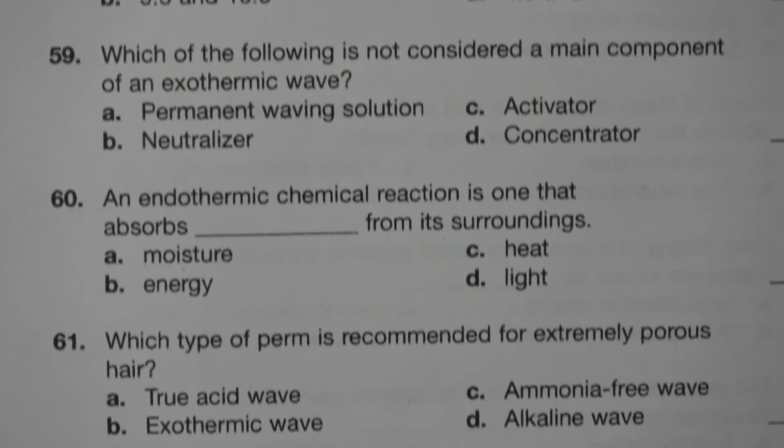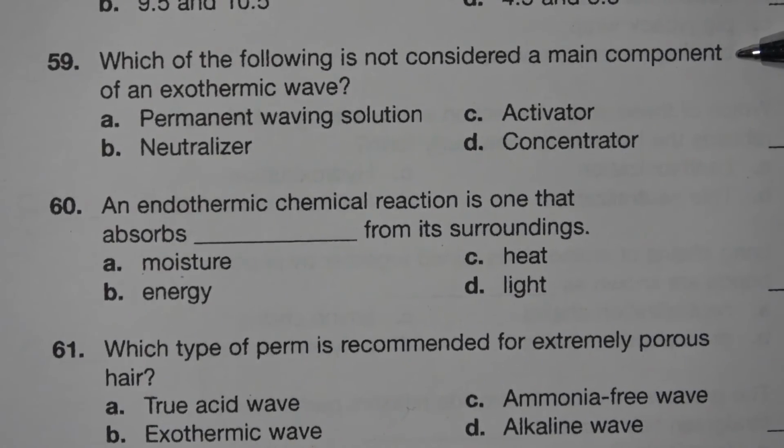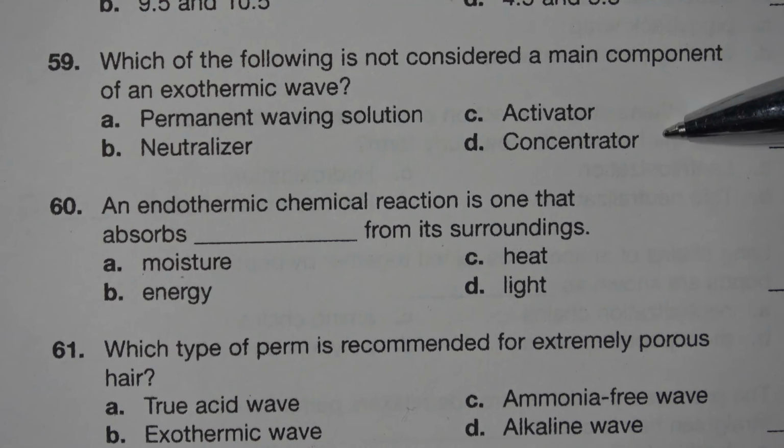Number 59. Which of the following is not considered a main component of an exothermic wave? Is it A, permanent waving solution, B, neutralizer, C, activator, or D, concentrator? Your correct answer is D, concentrator.